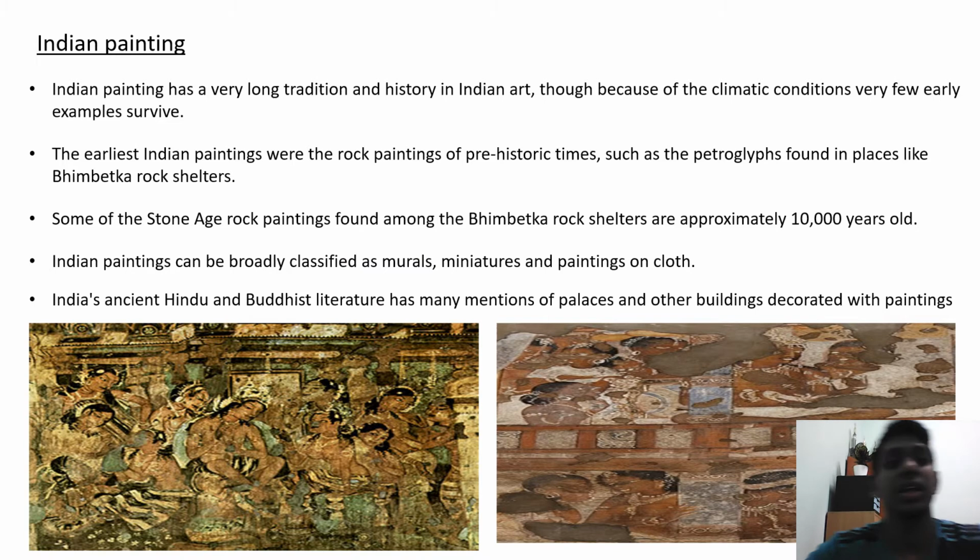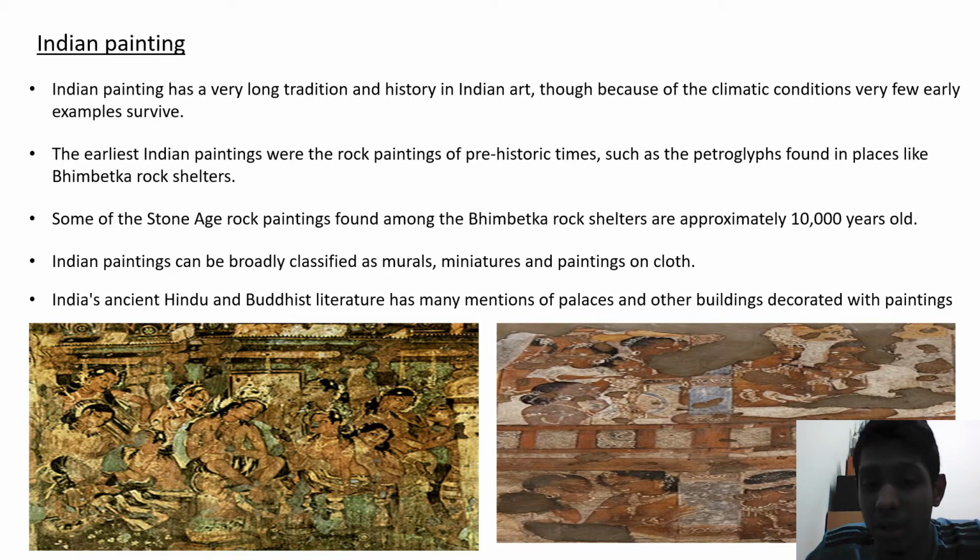That time, Indian painting. Indian painting has a very long tradition and history in Indian art. So the two pictures show that this is the type of Indian painting where they are using rock painting. Rock paintings are about 10,000 years old.